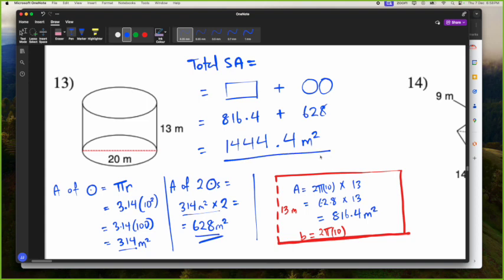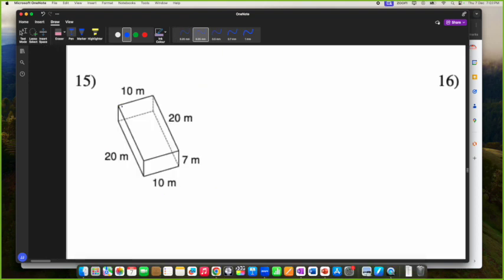This is actually the final answer. I have this here, right? And let me just say that this is the one where this side is 10 and this side is 20, right?